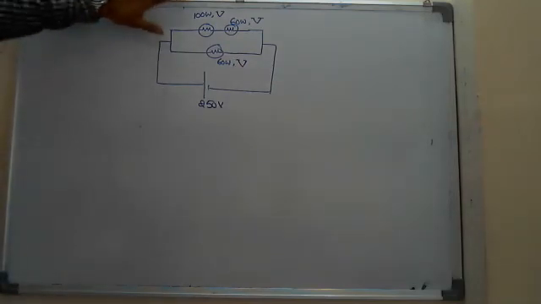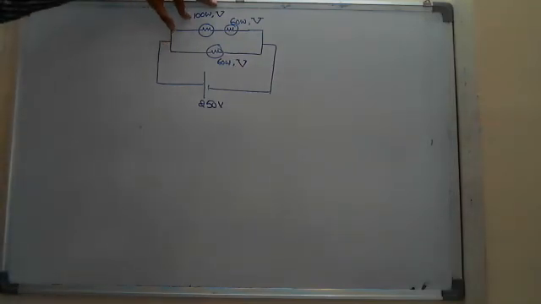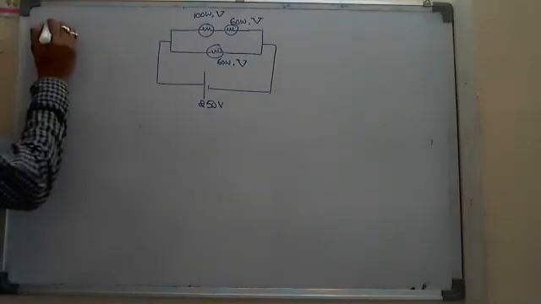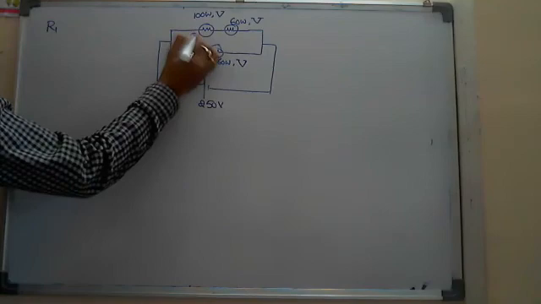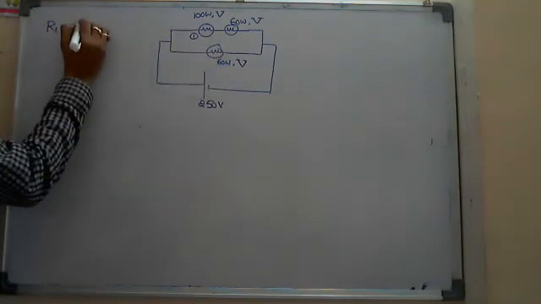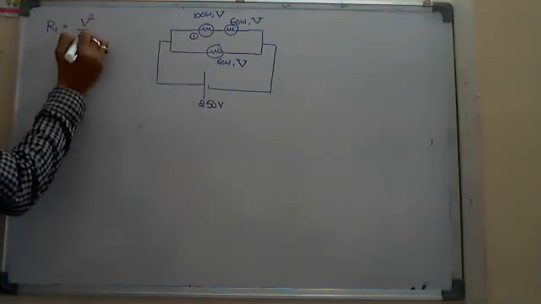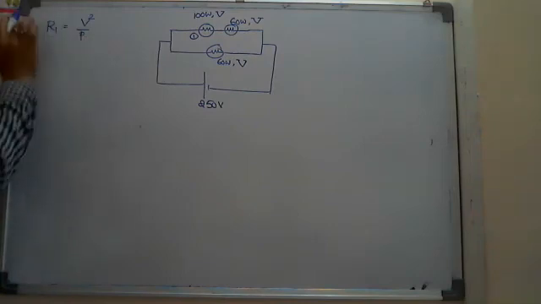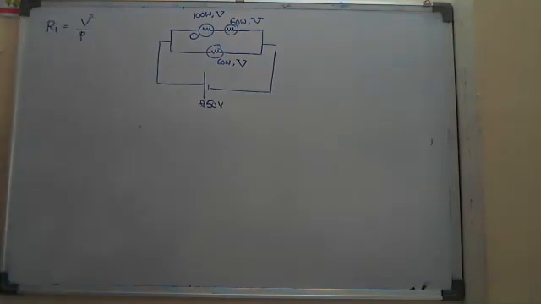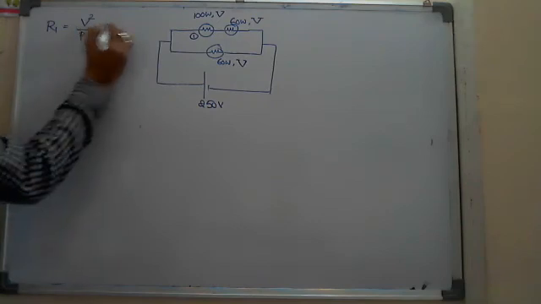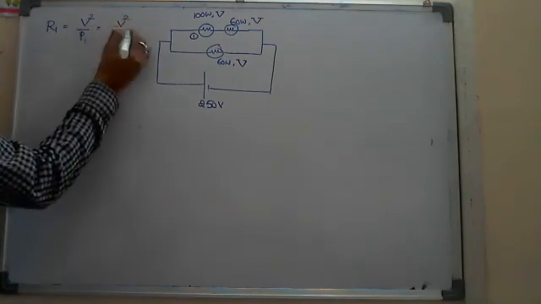If you see the power and the voltage, you can find the resistance of each bulb. So R1, for the first bulb, I can write using the formula P equals V square by R. So R1 is equal to V square by 100.